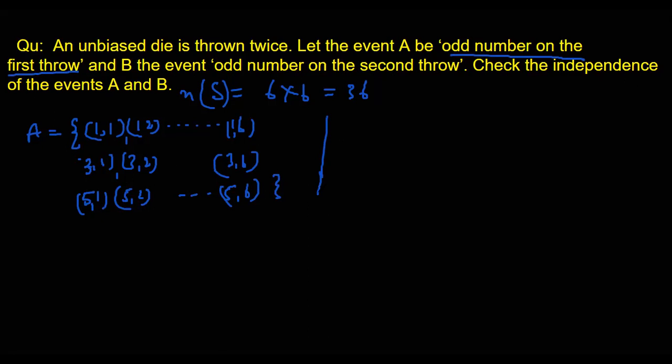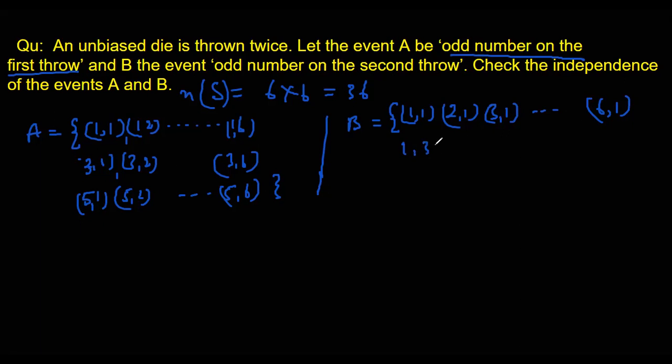So let's see what we have in B. Event B is the odd number on the second roll. Odd number on the second roll will look this way. On the first it can be any number, but on the second it should be odd. So 1 1, 2 1, 3 1, and go up to 6 1, right? And then the next odd number on the second can be 3.